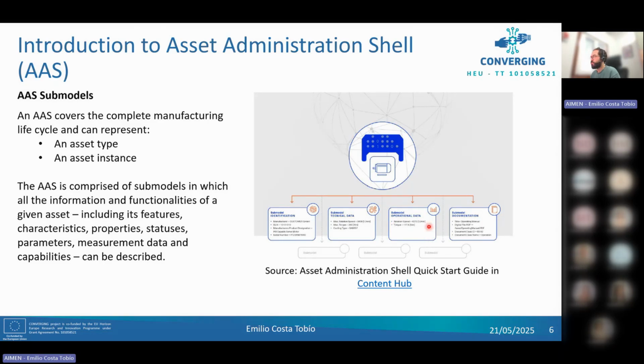For example, the rotation speed that it has, or the torque. Finally, as an example, we could have a documentation submodel that gathers all the documents that are relevant to the motor, like, for example, the manual or the security instructions or anything like that. So this could be a general example of how we understand an asset and its representation in asset administration shell.